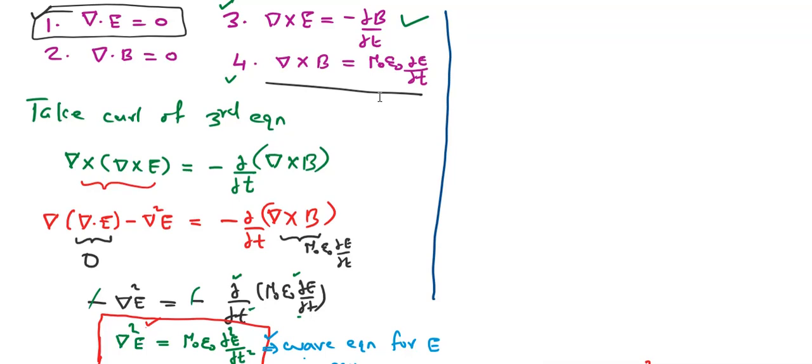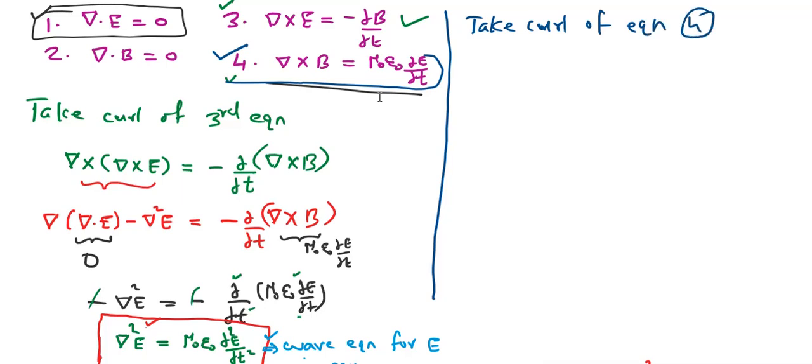Let me write here, take the curl of equation 4, that is del cross B, which is equal to mu 0 epsilon 0 dou by dou t.